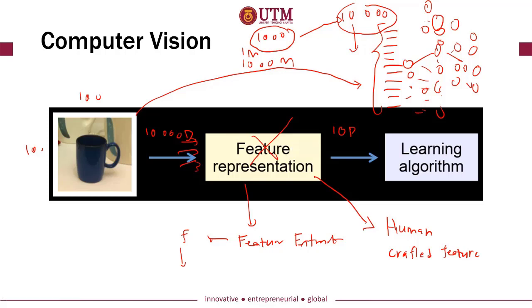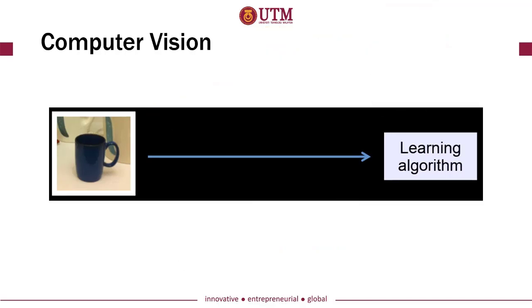Okay, so in the era of deep learning, once you apply deep learning, the philosophy is that instead of you deciding what is the best pattern for the computer to learn, let the computer decide.